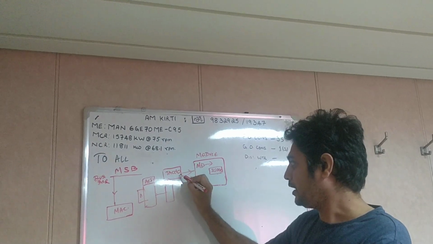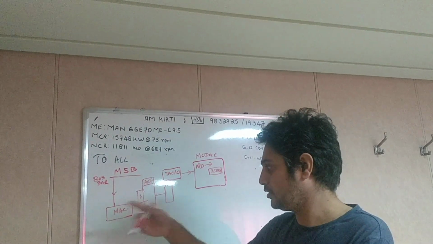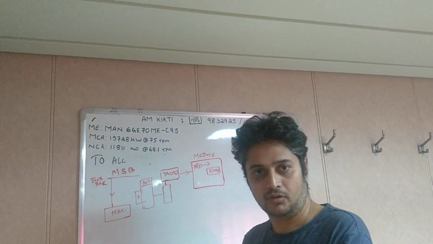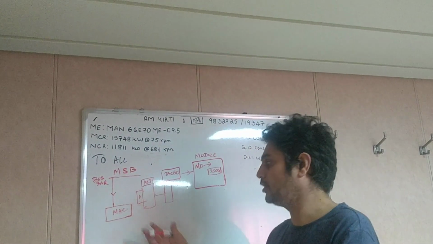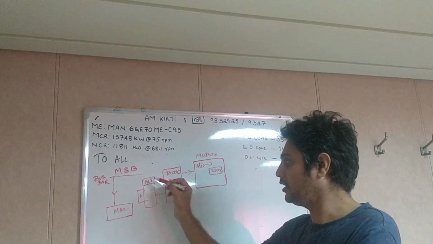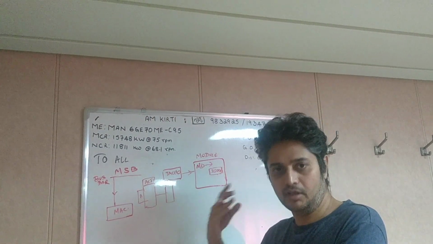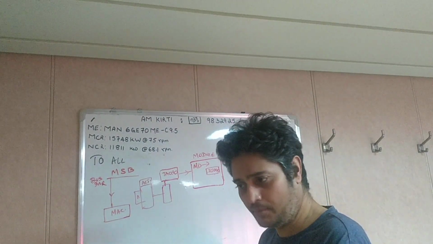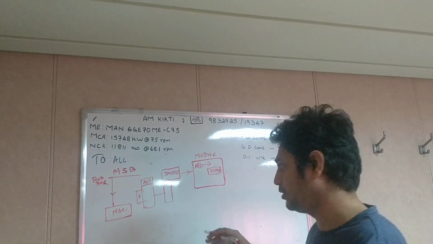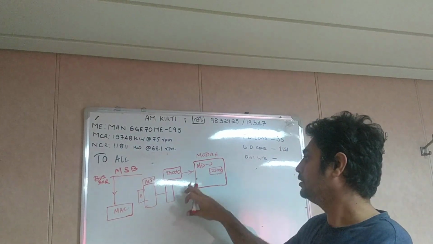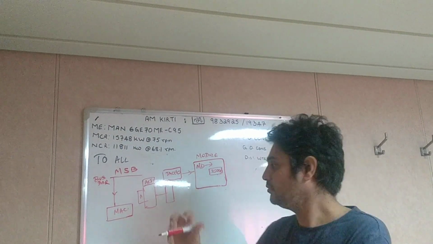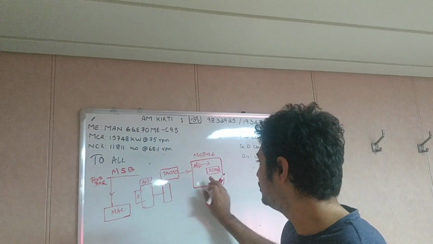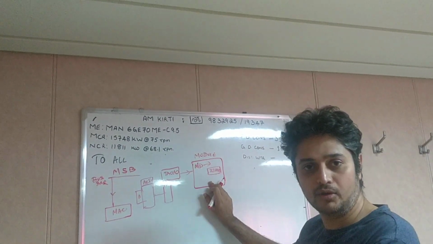At the tacho, if the load is cut in, there will be a drop in the RPM. Because it tends to draw more current from the alternator windings, the RPM drops, the frequency drops, and the drop in RPM is sensed by the tacho pickup sensor, which gives its output to the module.